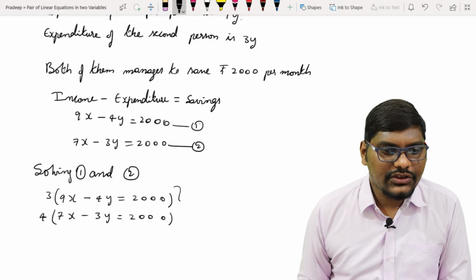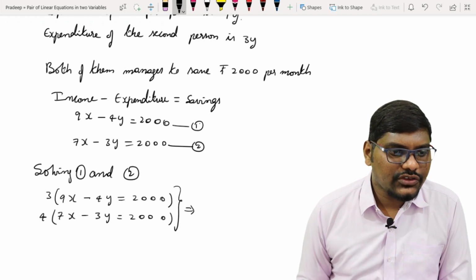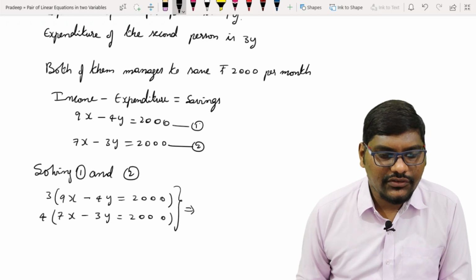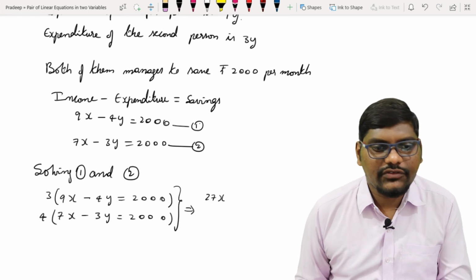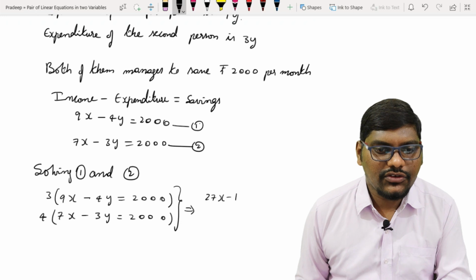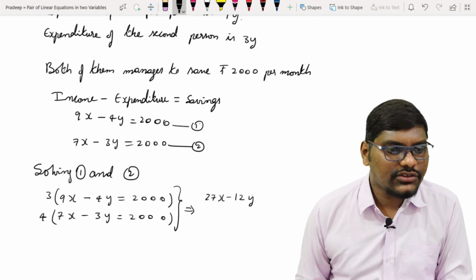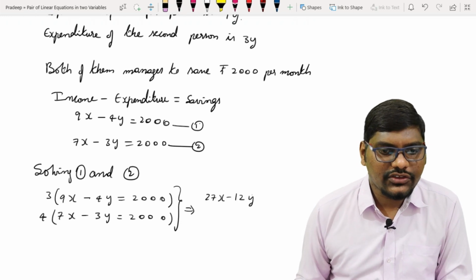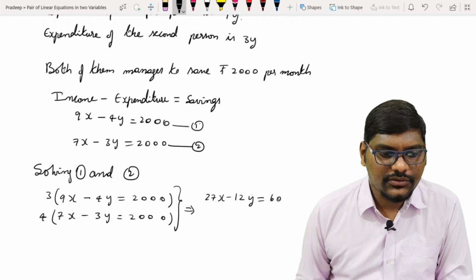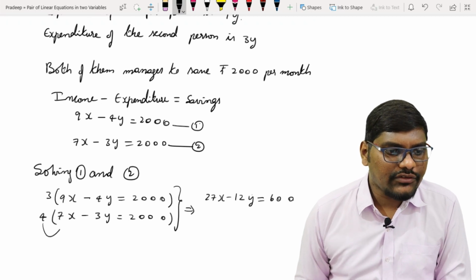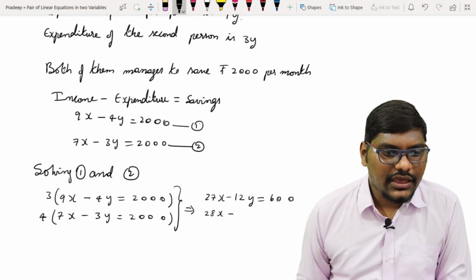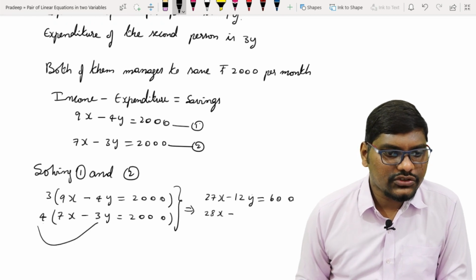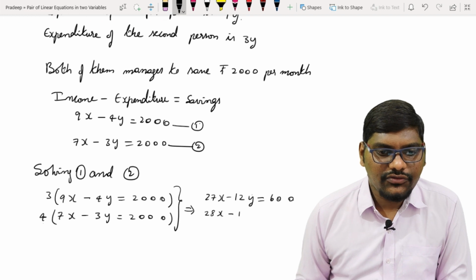Let's see what we get. 3 nines are 27x, 3 fours are 12y, and 3 twos are 6, which means 6000. Also, 7 fours are 28, and 4 threes are 12.